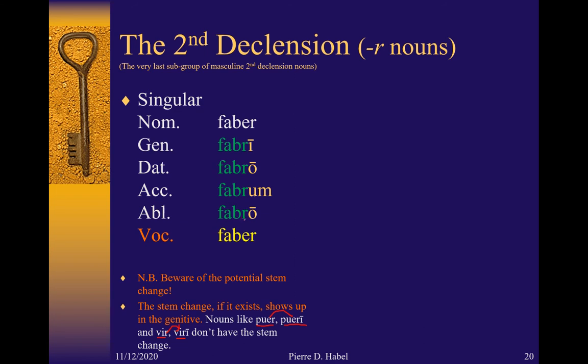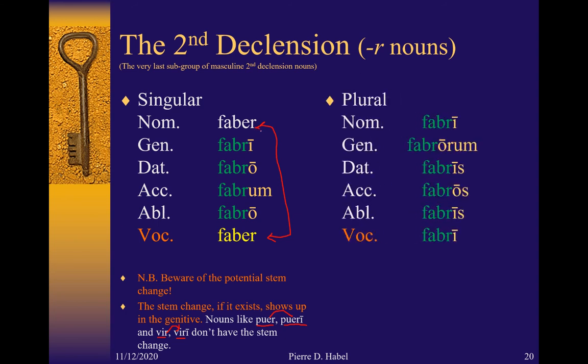But the vocative, oh, it goes back to being faber. Hey, wait a second, that's reassuring. This is following the normal rule. This is following that great and normal rule. And it works for both singular and plural here.